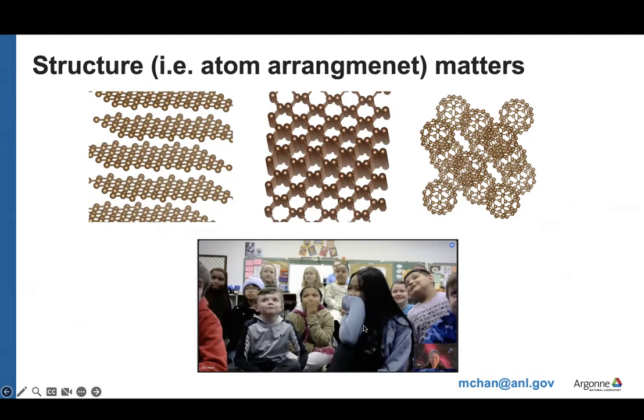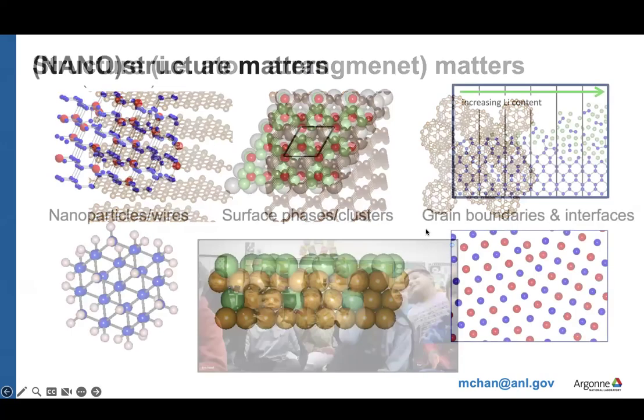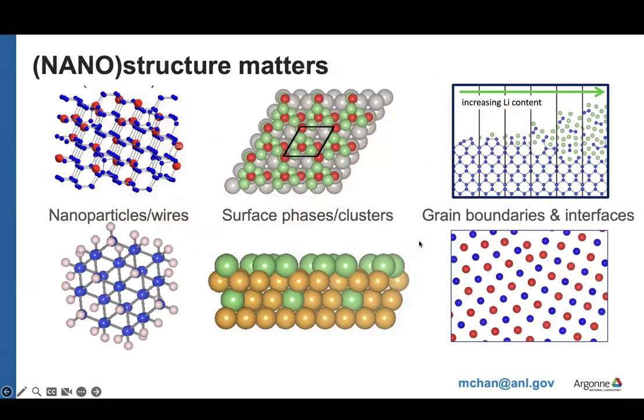And this is one where I did a virtual visit to an elementary school. It was really cute how the kids were amazed at the same atom arranged in different ways having very different properties. But of course, all of you don't need that particular point.